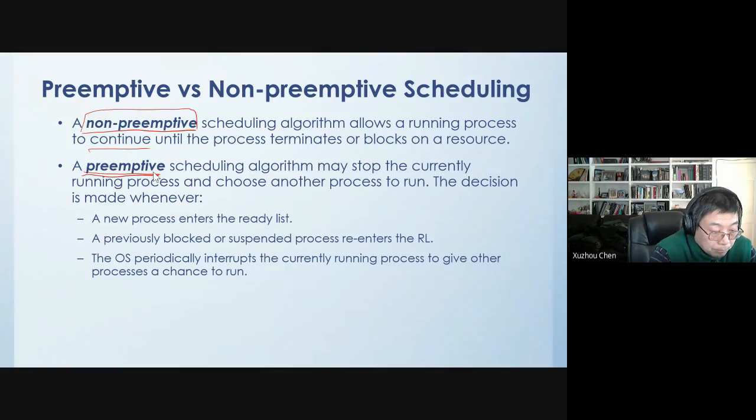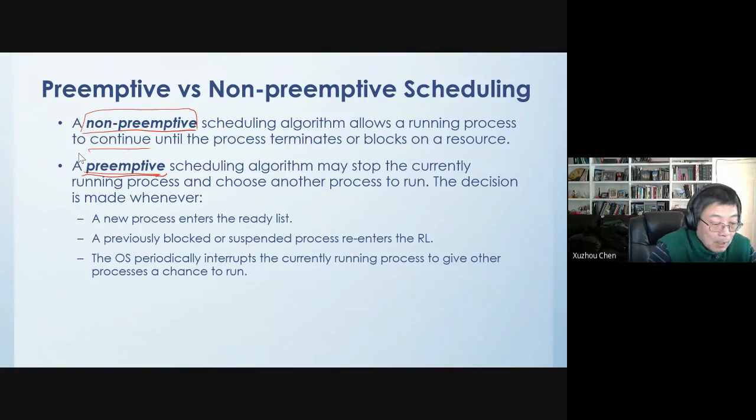Preemptive scheduling is more powerful, but it has some cost, because the scheduler is going to frequently move processes back and forth between the CPU and the ready list. This takes some time, so it has some kind of cost.